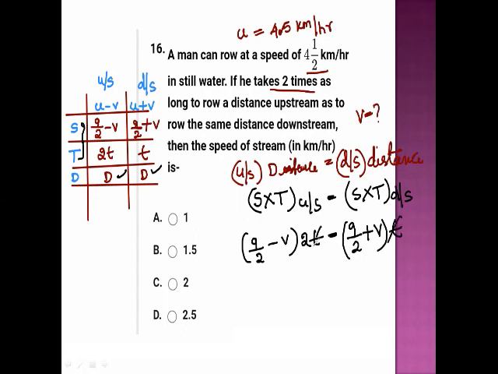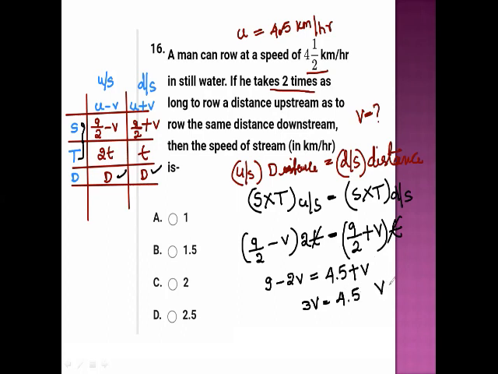So t will get cancelled. You can see here that the 2 also gets cancelled. So we'll get 9 minus 2v will be equal to, simply 9 by 2 is 4.5, so 4.5 plus v. If you take v here, it will become 3v. 9 minus 4.5 is 4.5.